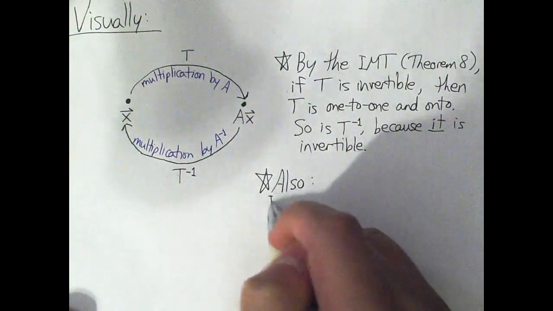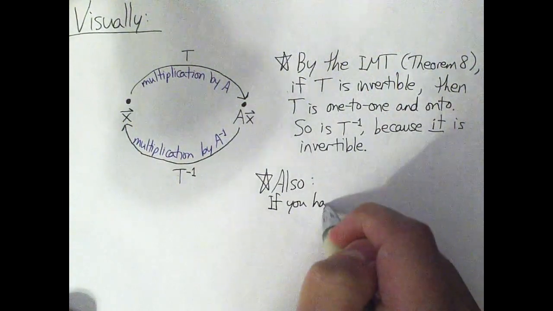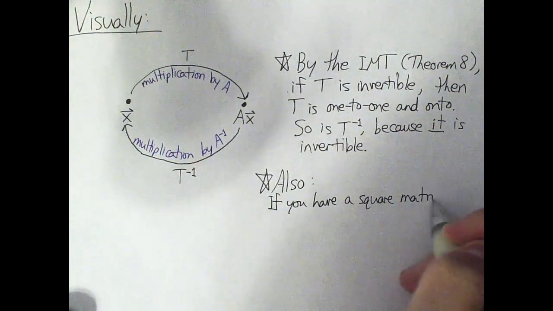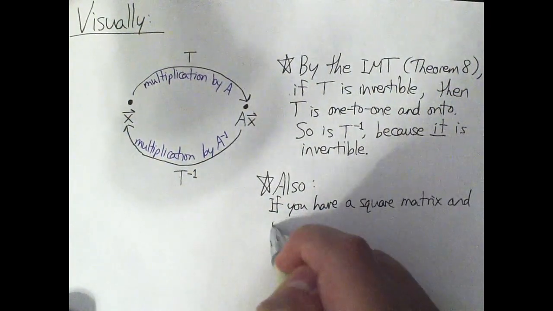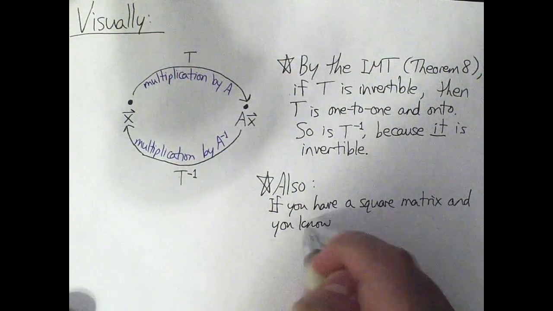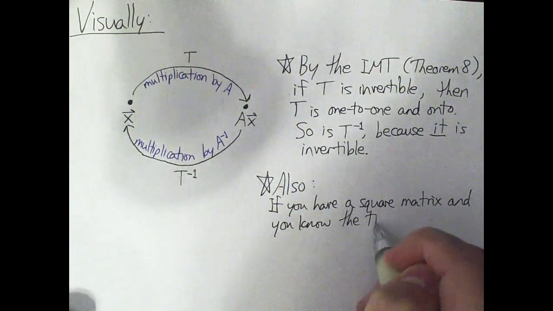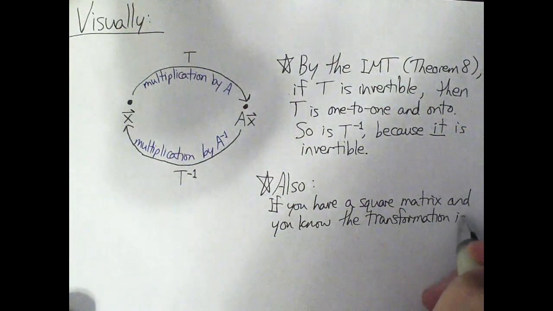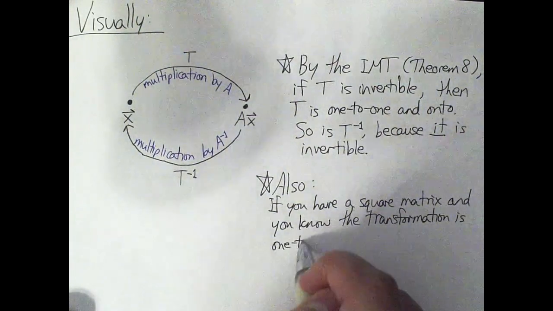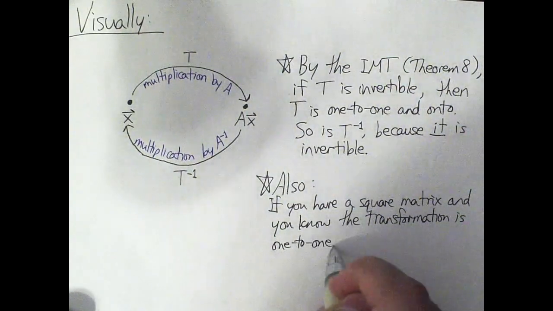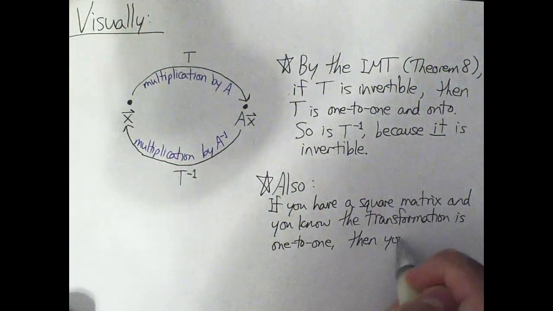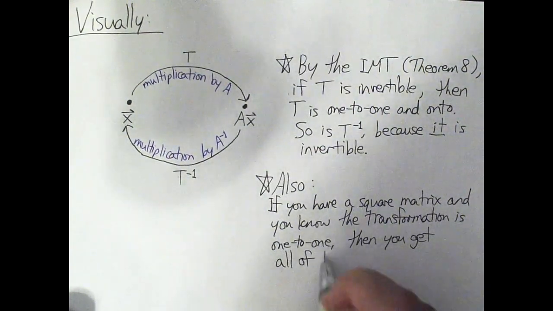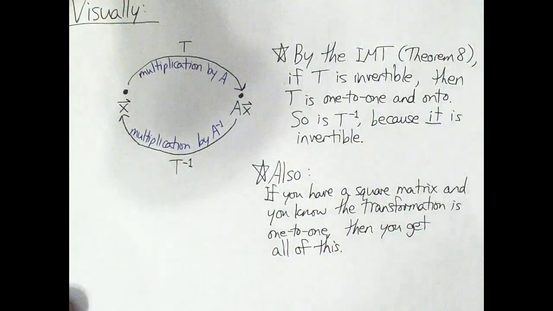I'll say also, if you have a square matrix and you know the transformation is 1-to-1, then you get all of this stuff, right?